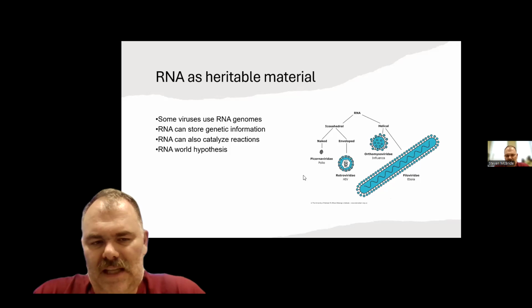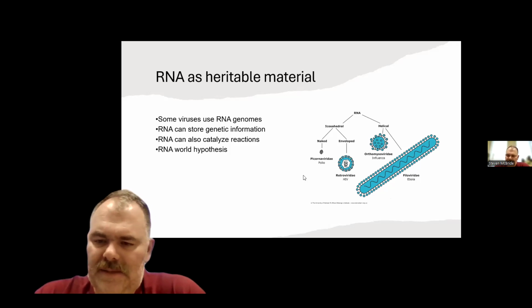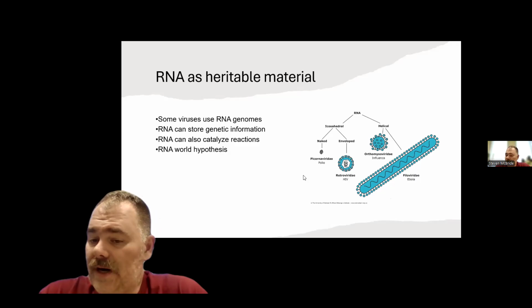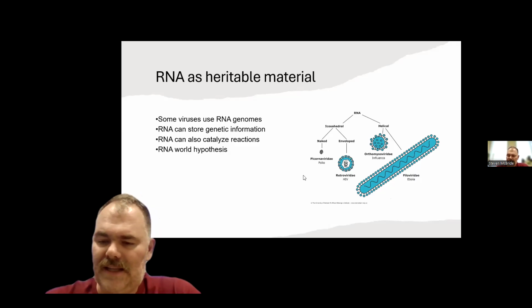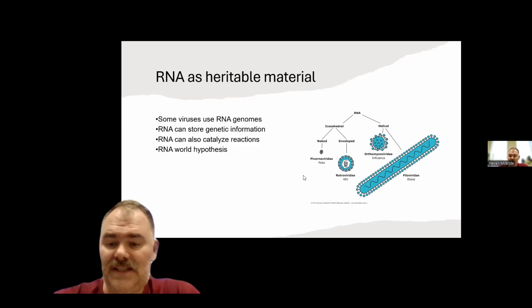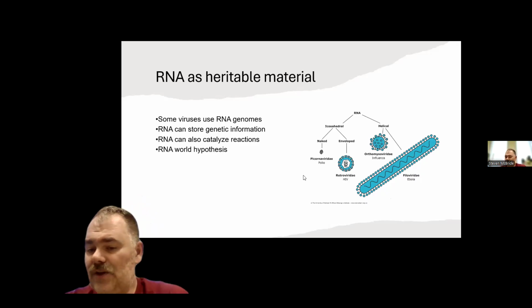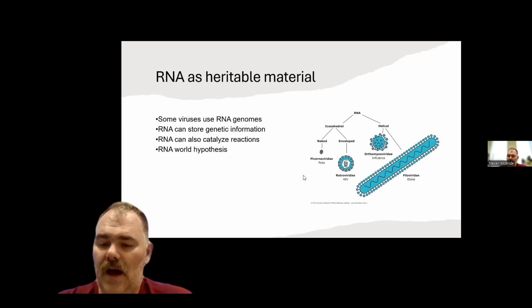Now, this is just a little hint because we'll get into this a bit more. We see that RNA can function as hereditary material. Now, most organisms use DNA as their genetic material, but some viruses and some other acellular entities use RNA genomes instead. RNA can store information in its nucleotide sequence just like DNA. And the other cool thing is that RNA can also perform catalytic functions, which is why scientists developed the idea of the RNA world.